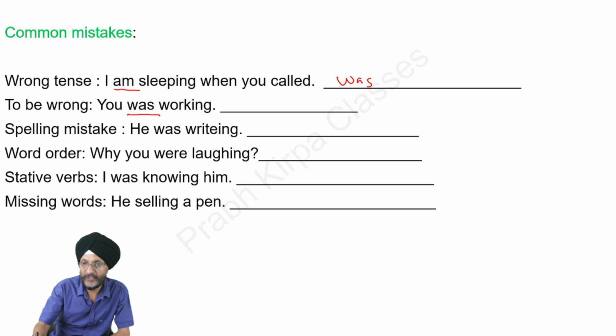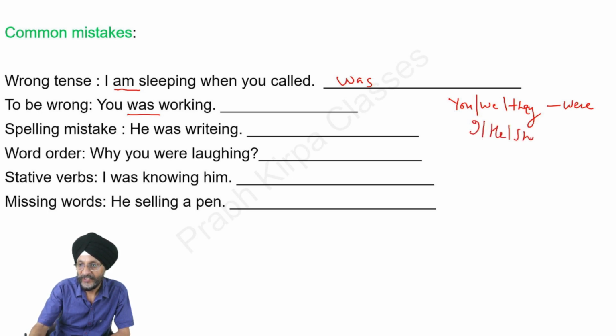Here you will note that with you, we, and they, we are to use "were." And in the case of I, he, she, it, we use "was." So here we are to use "you were working."